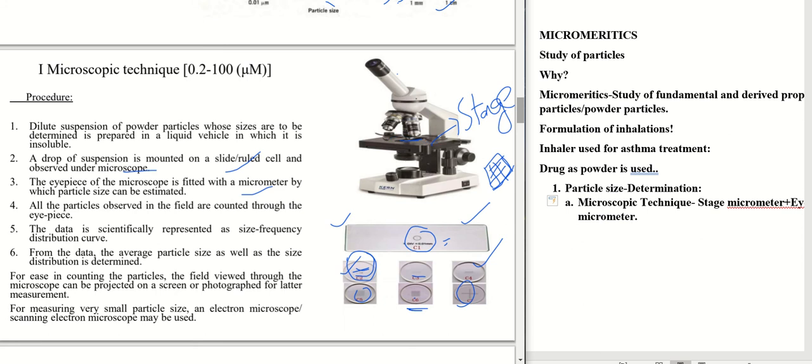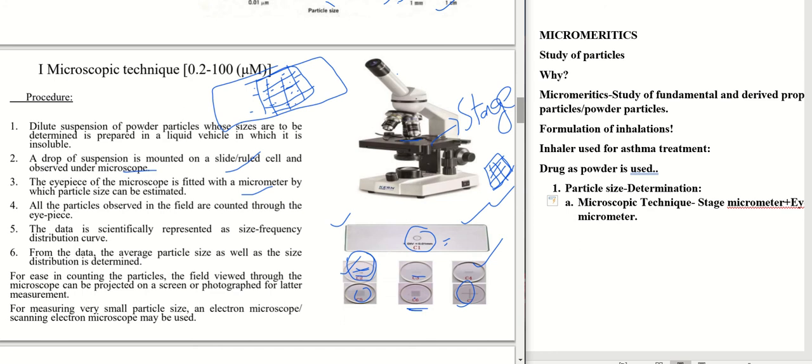If we consider this micrometer, and this is the slide where we have taken the particle suspension, and through an eyepiece micrometer we observe all the particles, the view would be like this through the micrometer. So we can now count the number of particles that are present in each grid.